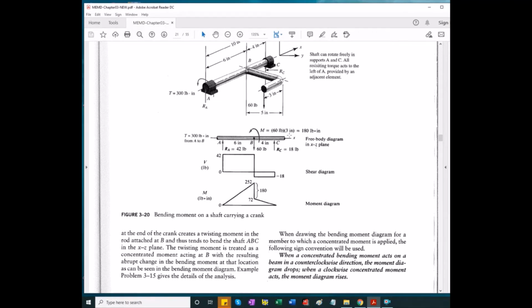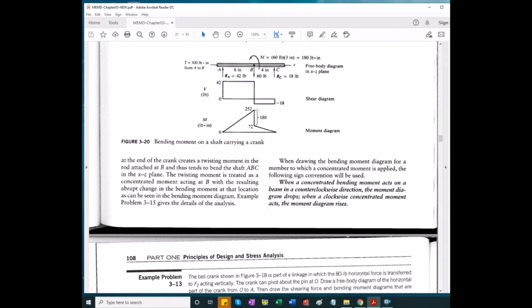So this is the effect of concentrated moment. You analyze them, draw the shear diagram. It's not affected by M. But when it comes to moment, you need to take care of these drops or jumps in the bending moment on the M diagram.